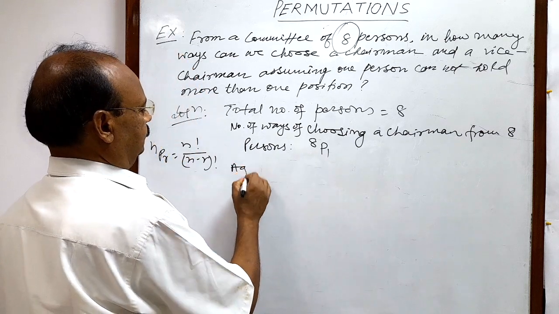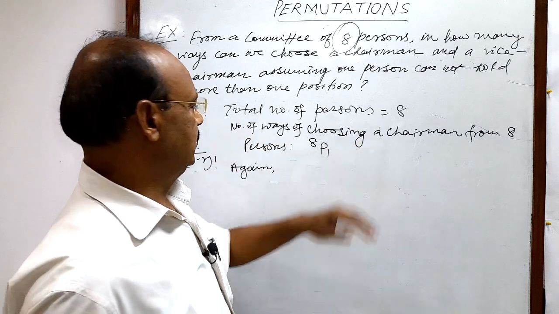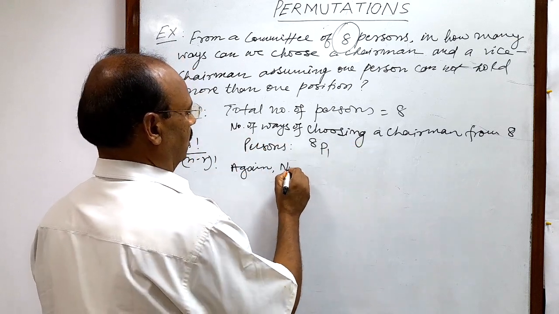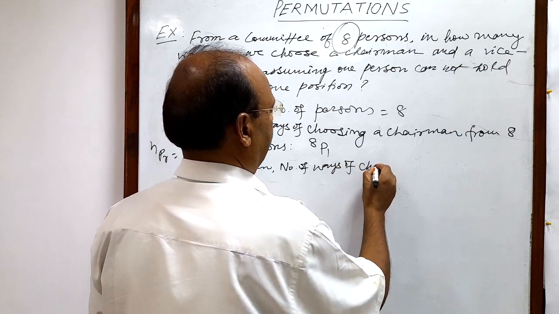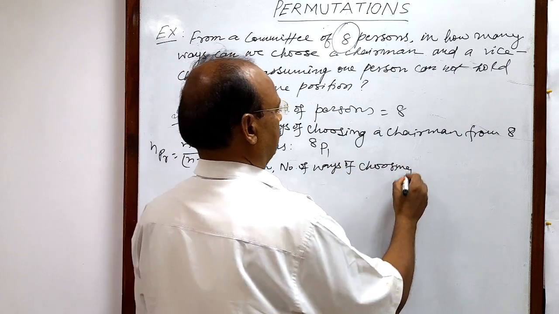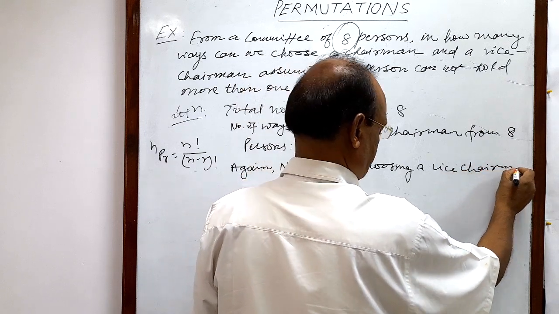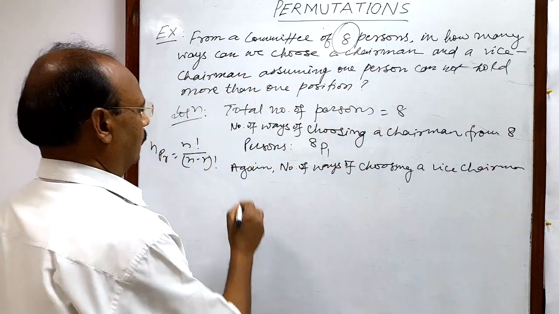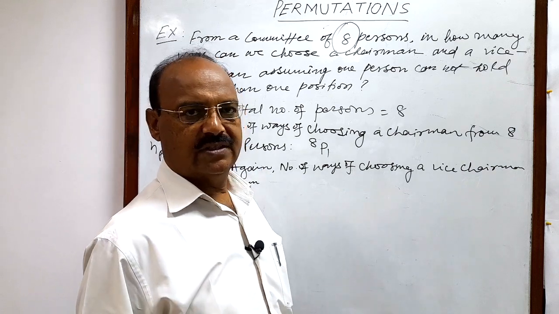Again, we have to choose one vice chairman also. So in a similar fashion, we can write the number of ways of choosing a vice chairman from how many persons? 7 persons.